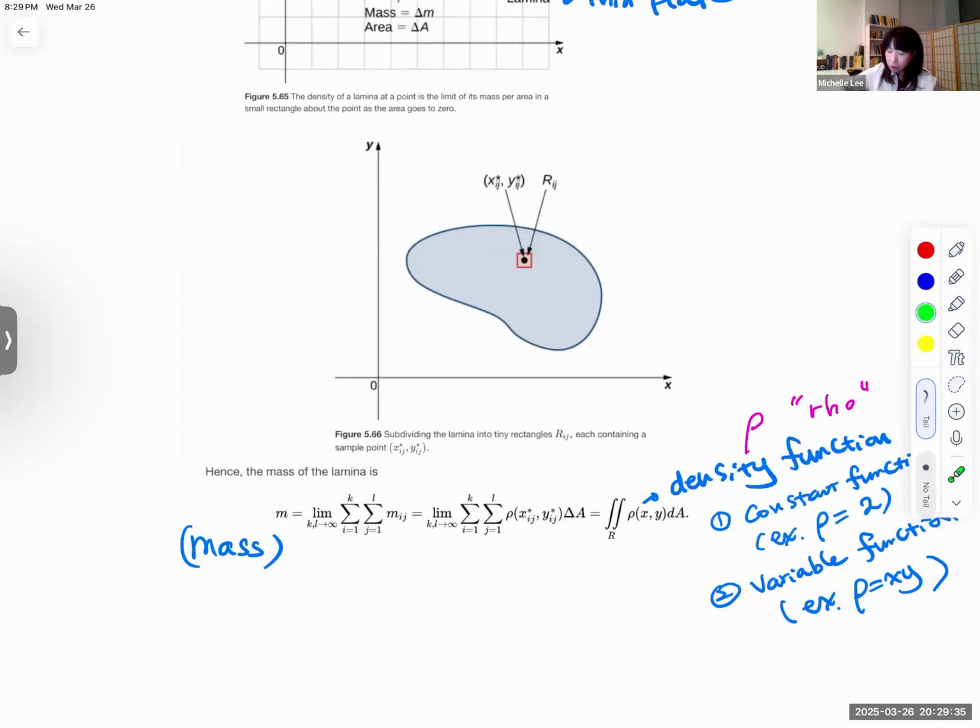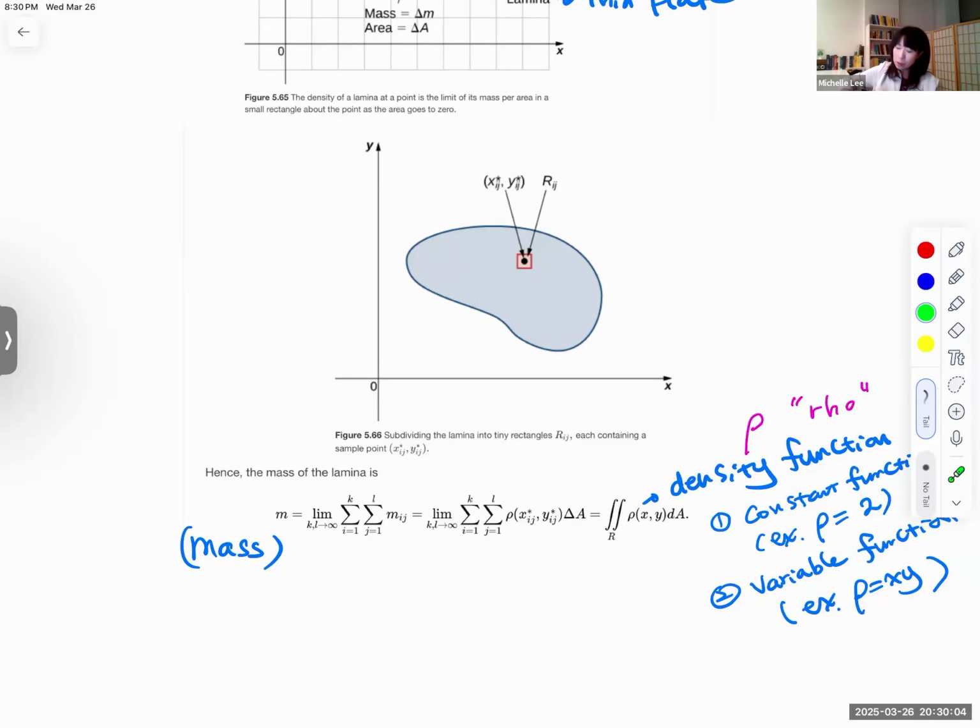Okay, for the density function we have two different kinds. One is the constant function, which is just a number, so rho equal to 2, that's one example. And we have a variable function, so rho of x, y equal to xy. That's just a random example.